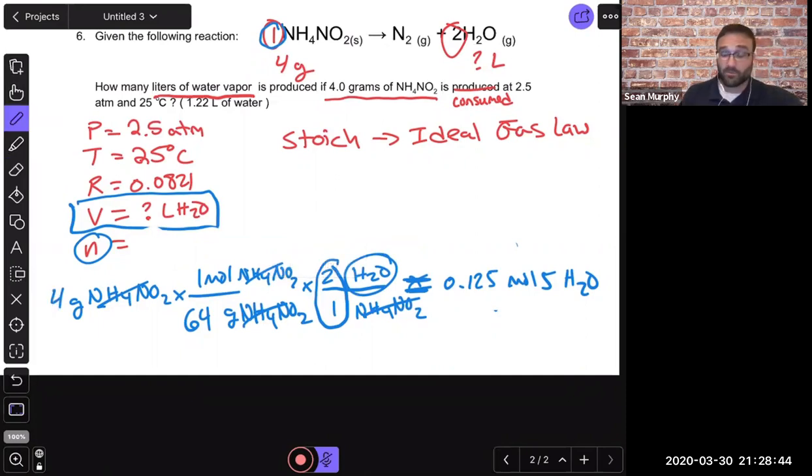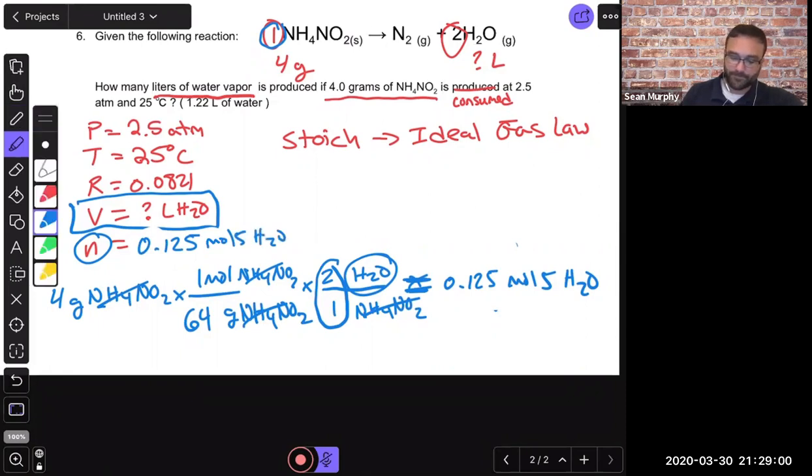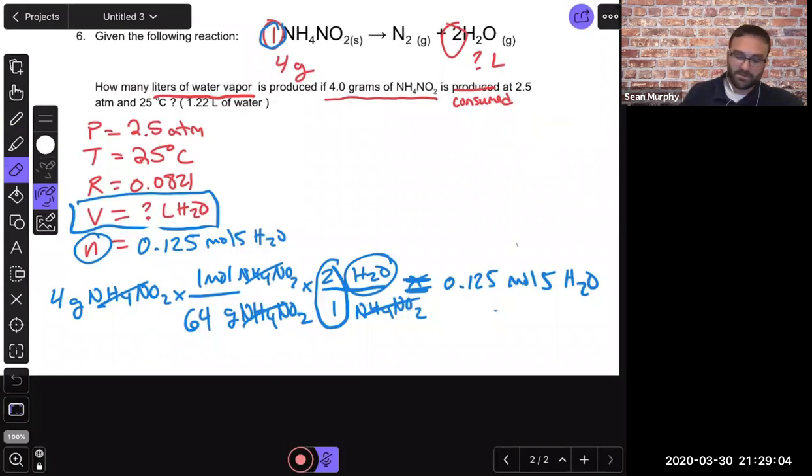See how it's really important to keep track of your units and not just numbers without units and molecules. So we have 0.125. All right, let's plug and chug our PV equals nRT formula.